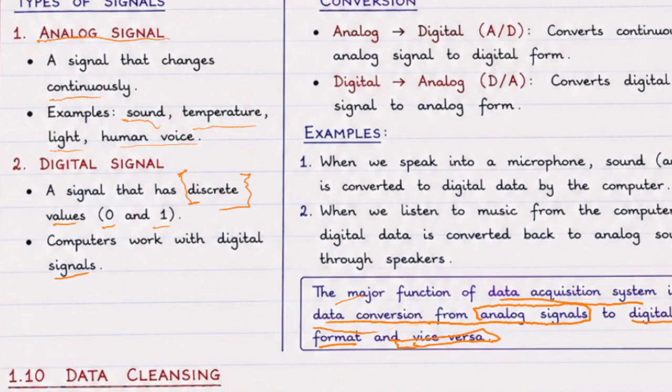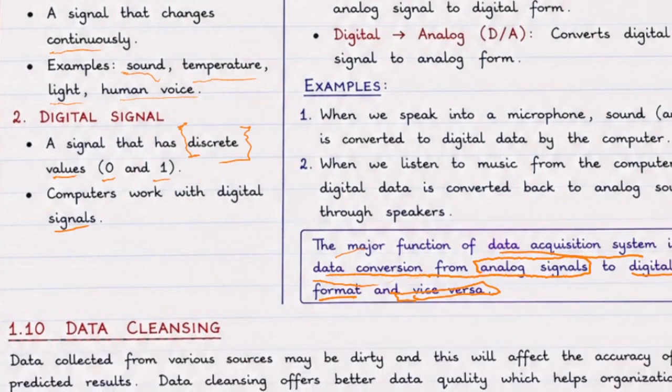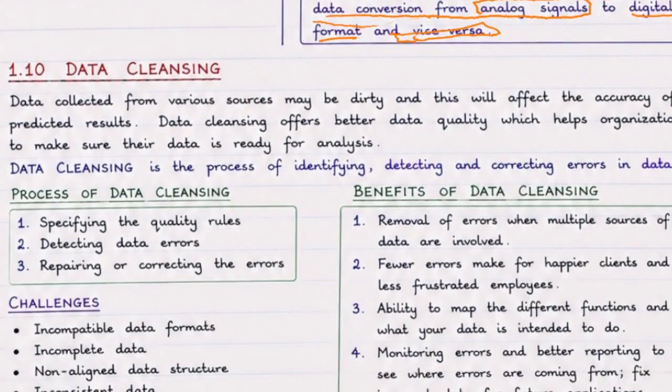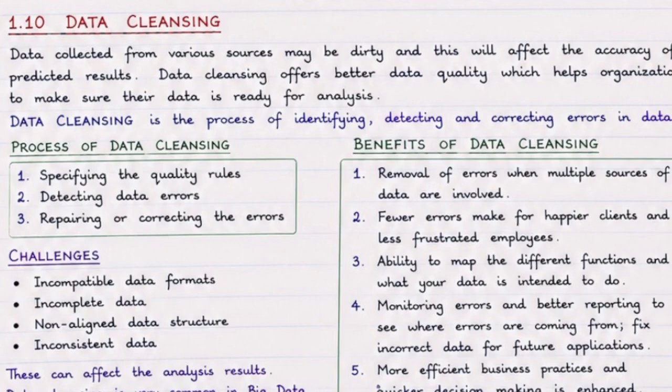Now we move to section 1.10, which is data cleansing. What is data cleansing? Data collected from various sources may be dirty, and this will affect the accuracy of predicted results. Data cleansing offers better data quality, which helps organizations make sure their data is ready for analysis. So what exactly is data cleansing?